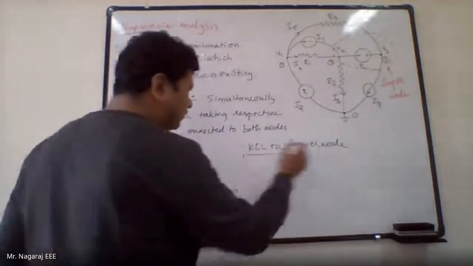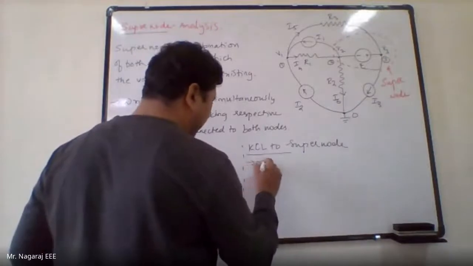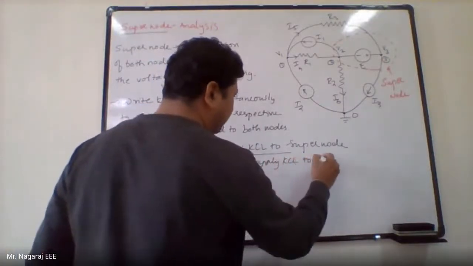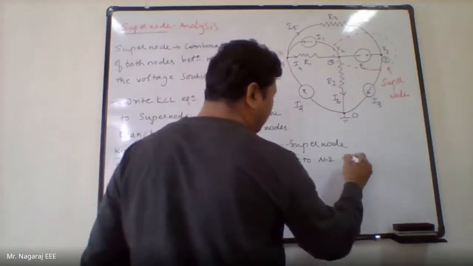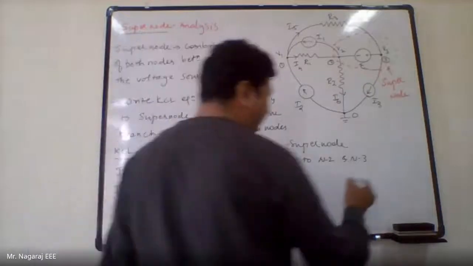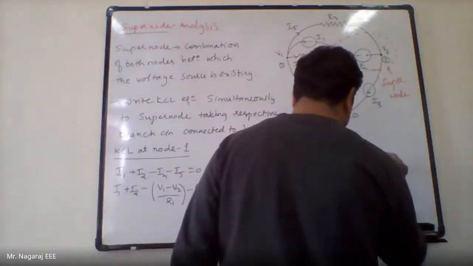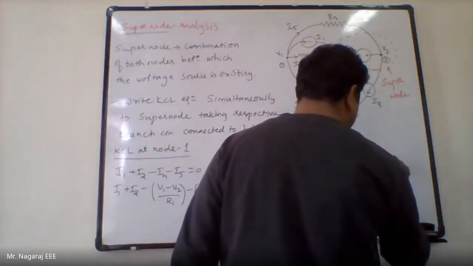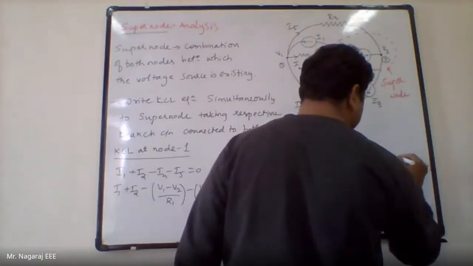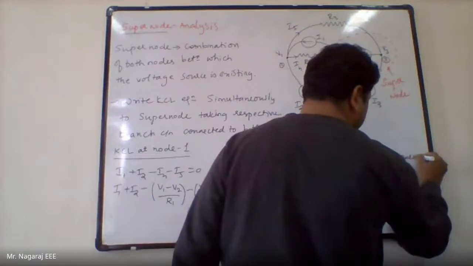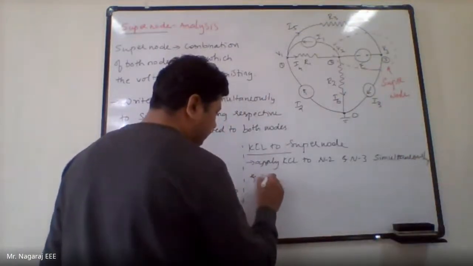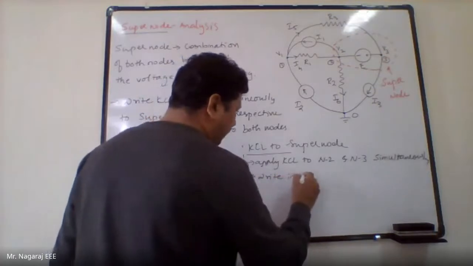So now KCL to supernode: apply KCL to node 2 and node 3 simultaneously and write in one equation.